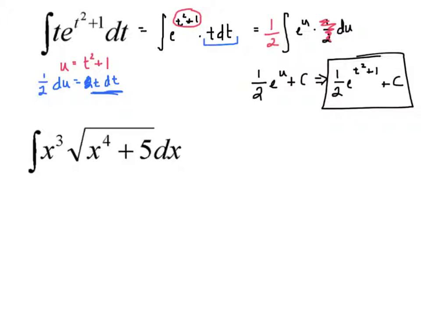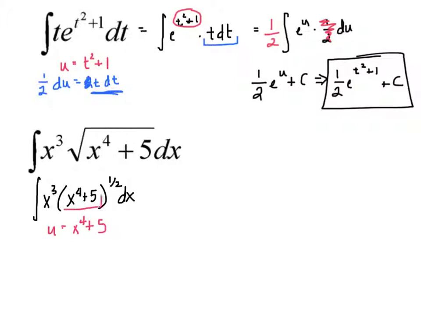Okay, let's look at this one. Hopefully, you look and you say, well, I guess the first thing I might do is rewrite with a power instead of a root, like that. And I hope you can pick out that u should be x to the 4th plus 5.